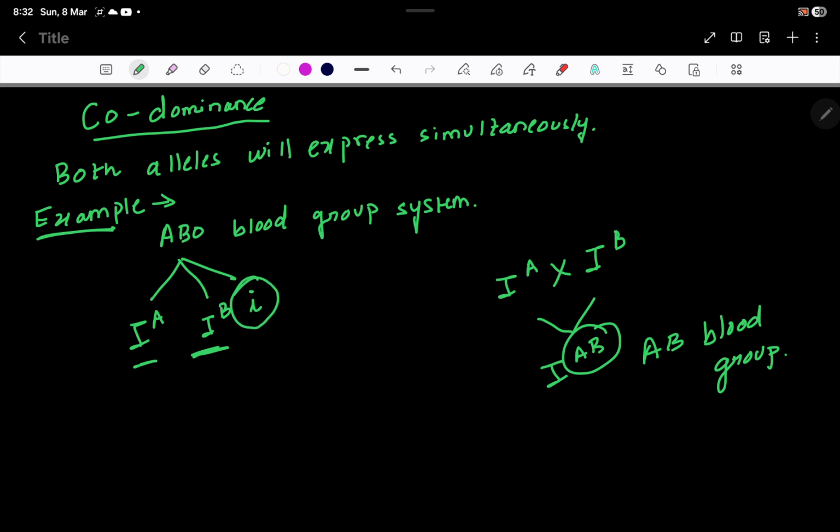But the small i allele is the recessive one. This will be only in the case of people having AB blood groups.